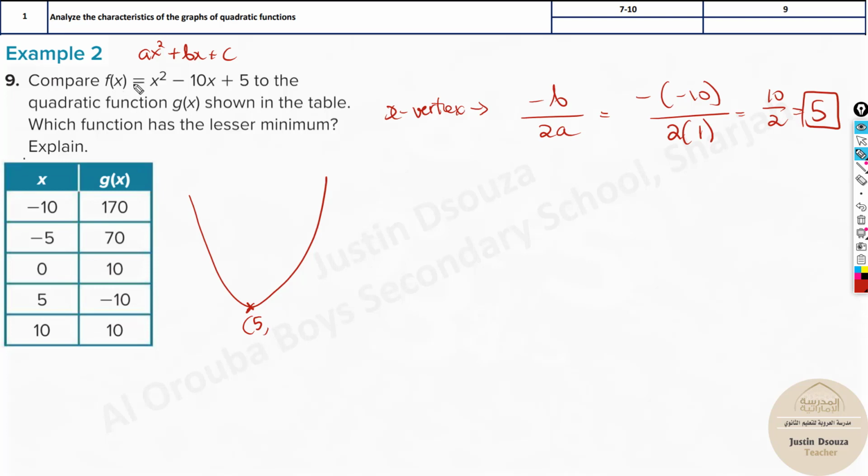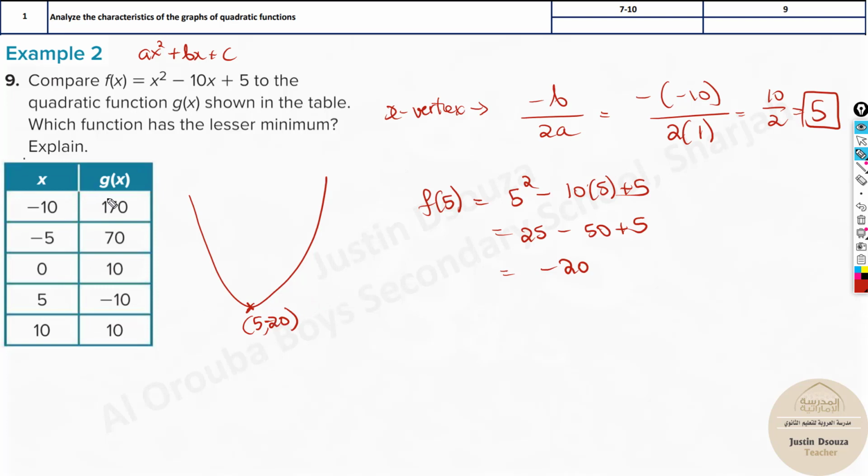Just put the x value over here and find f of 5. The y value is f of 5, that is everywhere where x is there, put this 5 value: -10 times 5 plus 5. It'll be 25 minus 50 plus 5. It'll be 30 minus 50, that is equal to -20. So the value of this is -20. So this is the minimum point, -20 over here. Okay, that's the minimum point.